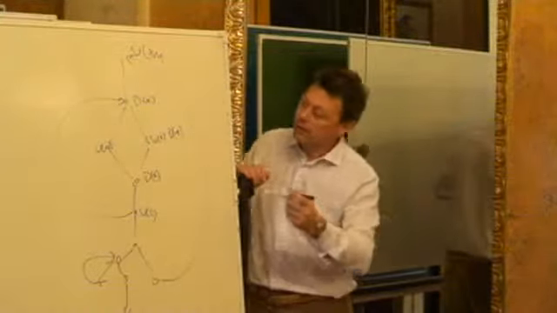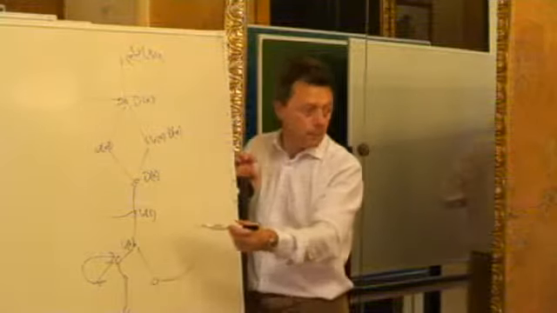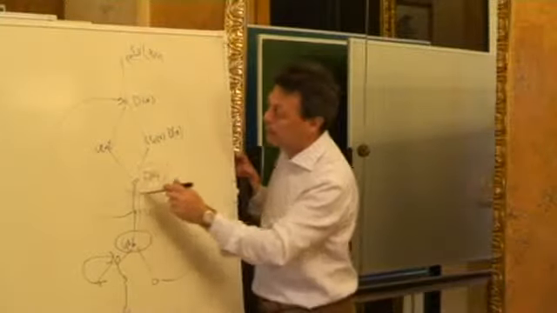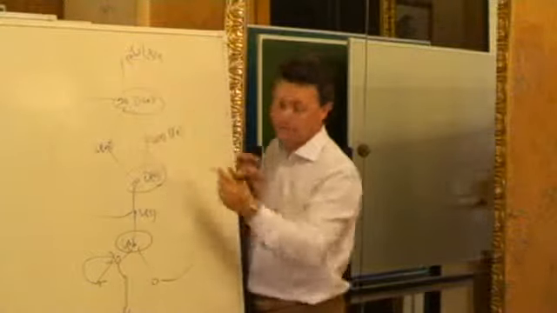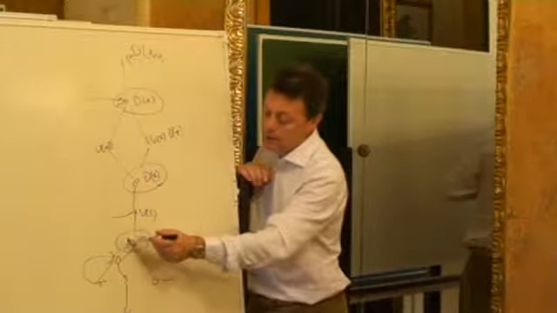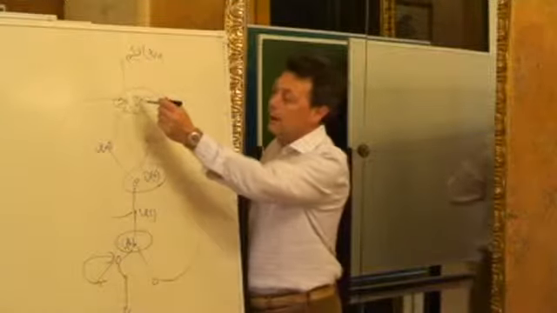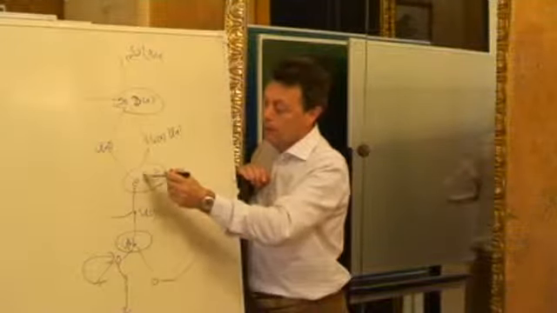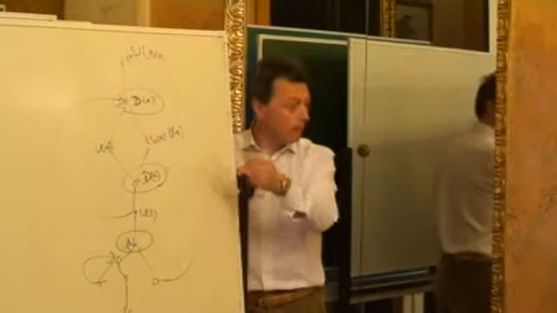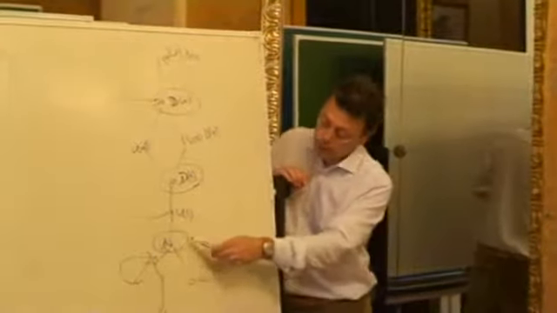Because if you use the value of x here, the result of this statement depends on this statement. This statement may act differently if you get the definition here or the definition here, right? Because they may produce different values and they may impact the use.